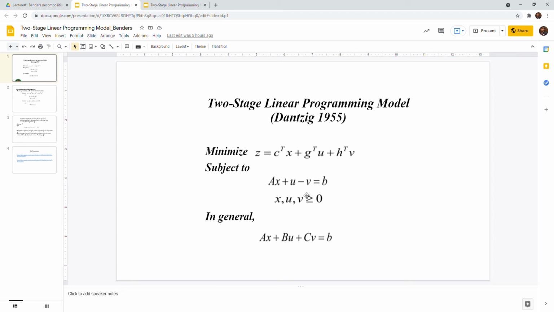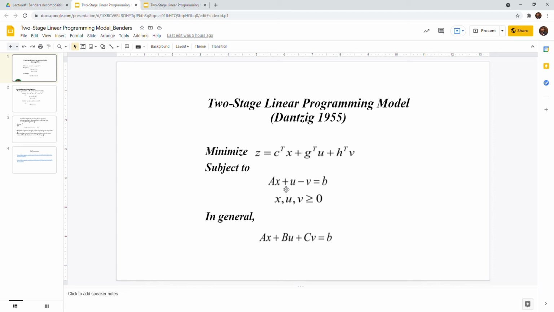U and v come later, after the paper in 1955, when you add some uncertain parameters here. But in reality, without the u and v variables, we have to know exactly the real numbers within the c vector, the real numbers within the A matrix, and also within the b vector, in order to find the optimum solution of x using the simplex method.